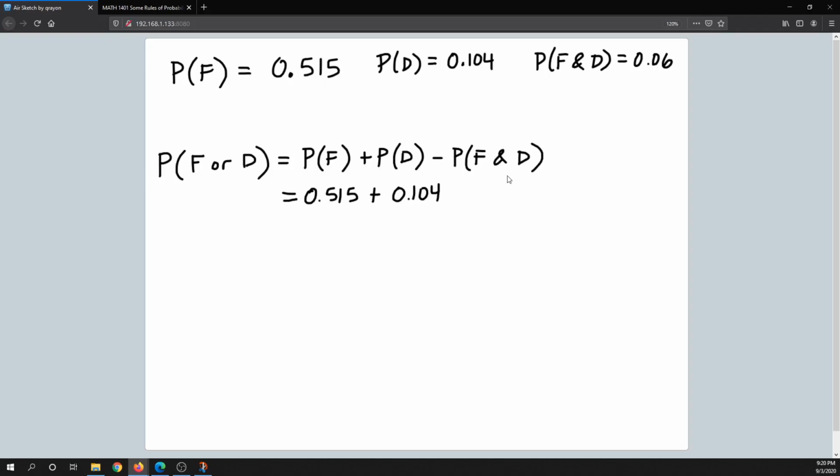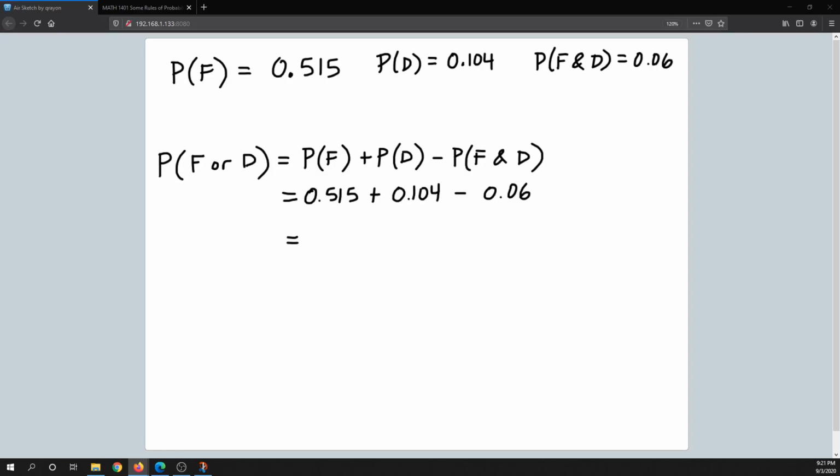So what we'll need to do is to subtract off one probability over here, right? The probability that the person is both female and divorced, 0.06. Okay.